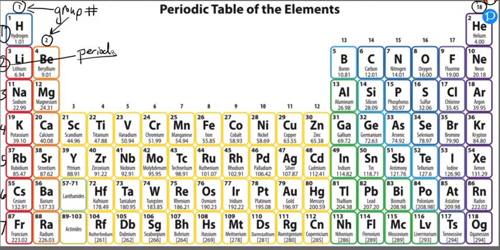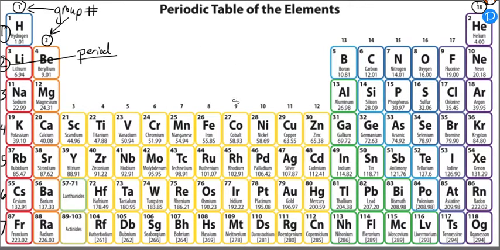So if I say the elements in period 4, I'm saying this row of elements. But if I'm saying a group, I'm referring to a column of elements this way. When we're talking about periods, we're going across the periodic table like this.